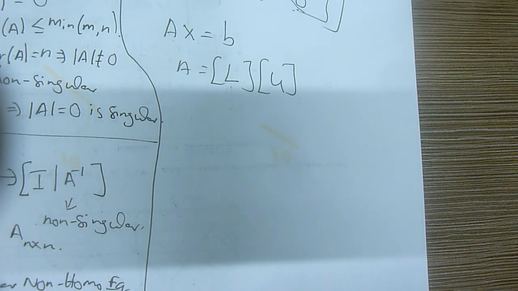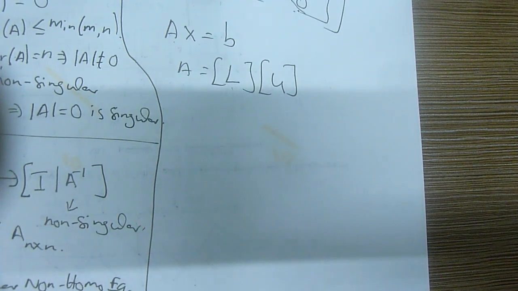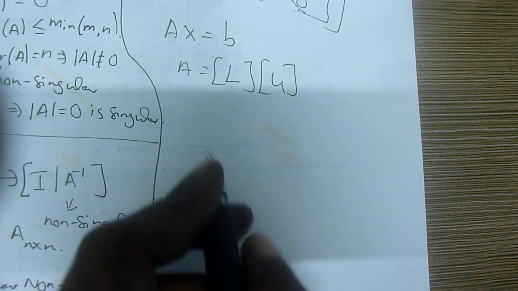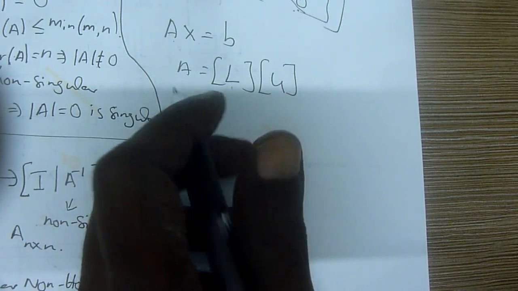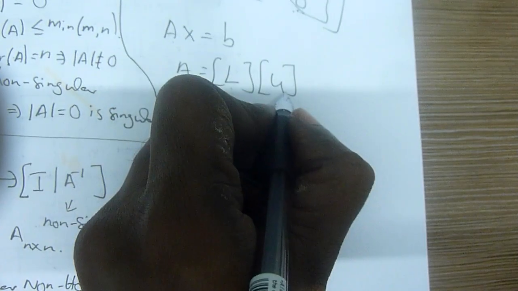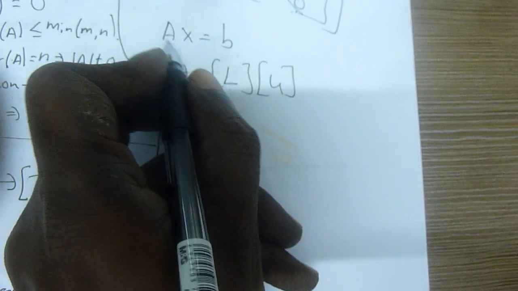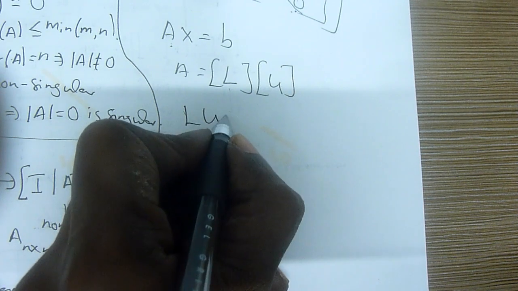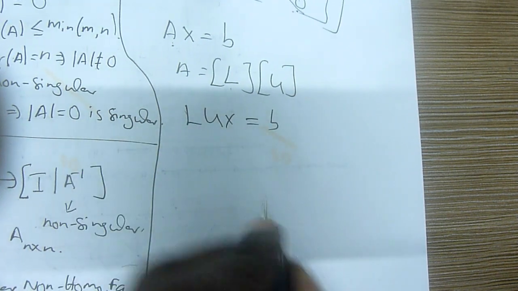You can, but LU is the famous one, so we use LU. Now taking Ax, I'm just replacing A with LU, therefore it becomes LUx = b.